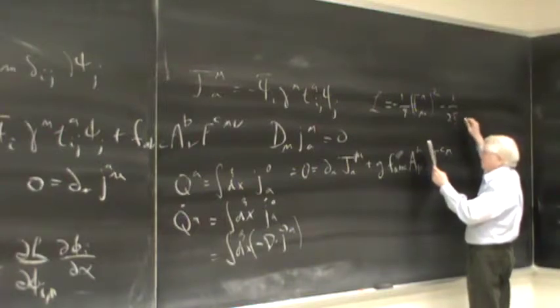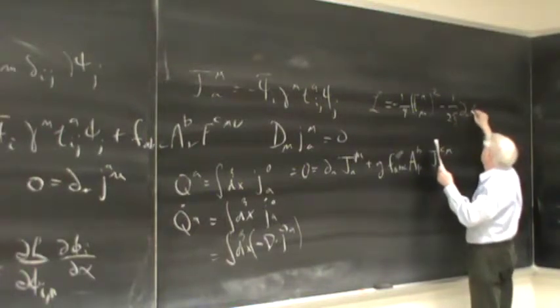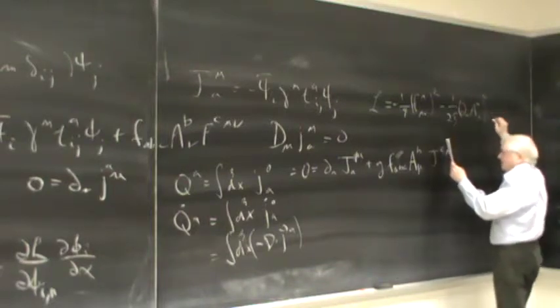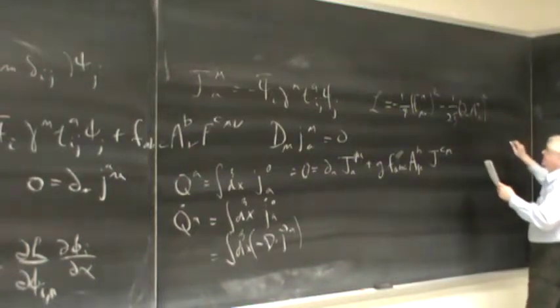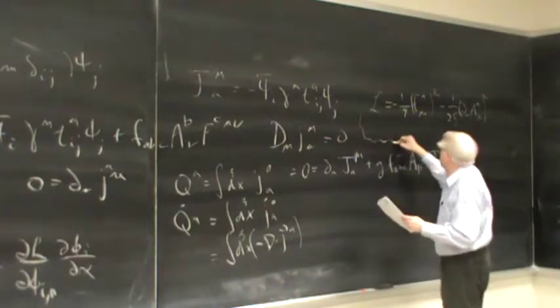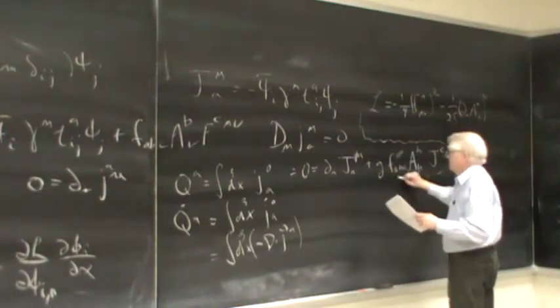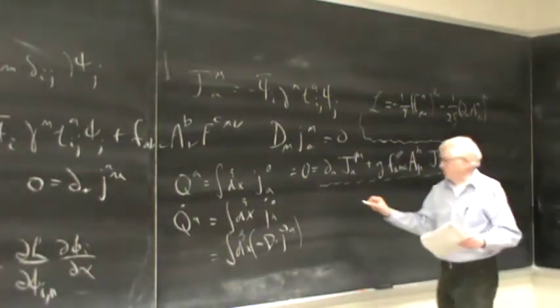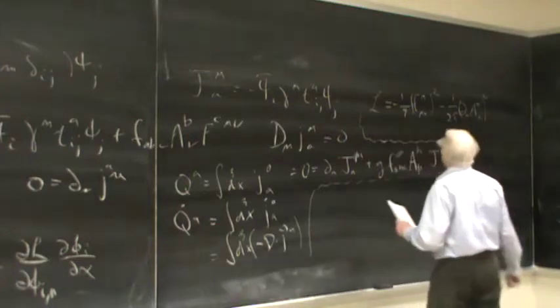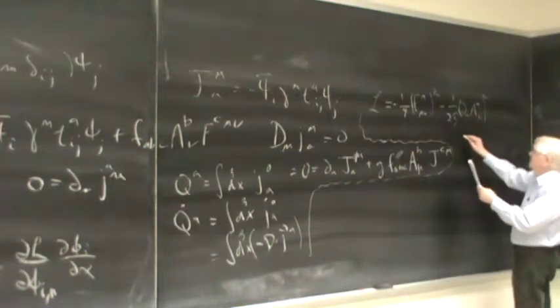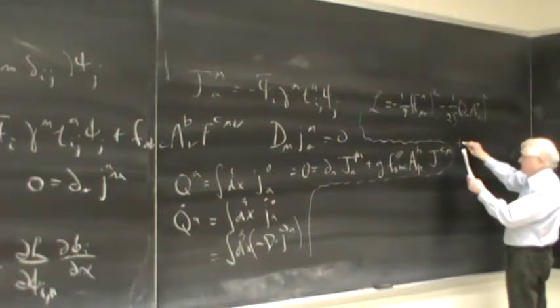Now, here's a gauge fixing term. And then here's a ghost term, and let me just draw a line in order to separate what I'm going to write down now from the rest of it. Then here are the ghosts.